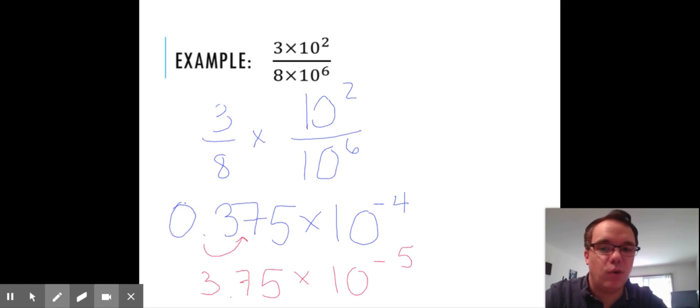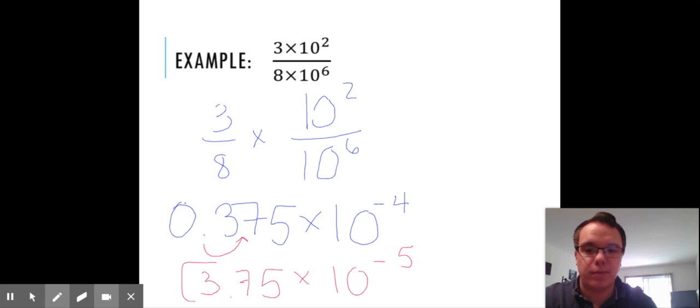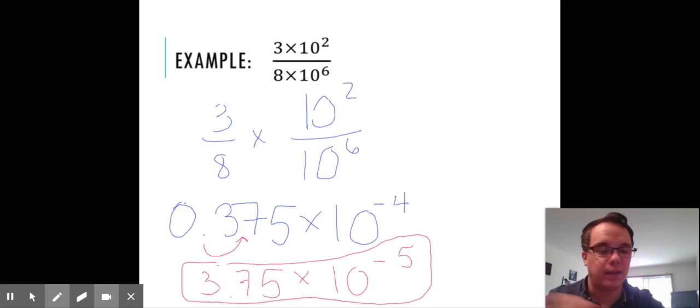And the reason I had to move it is because notice our number started with 0, and 0 is not between 1 and 9. But if I move it once so that 3 is the number in front of my decimal point, 3 is between 1 and 9. So the correct answer to this problem is 3.75 times 10 to the negative fifth.